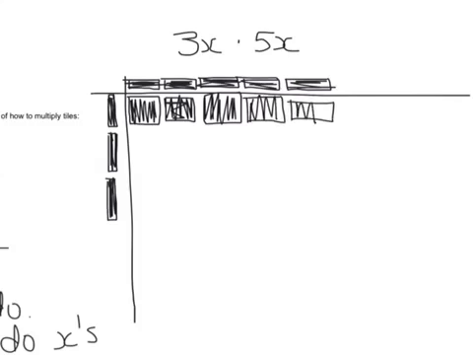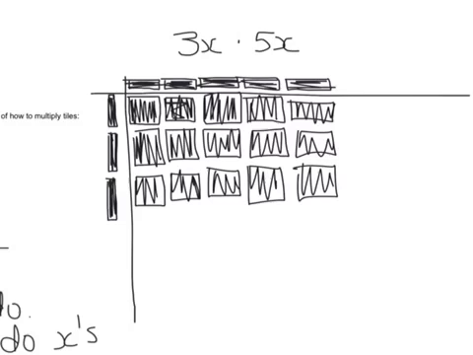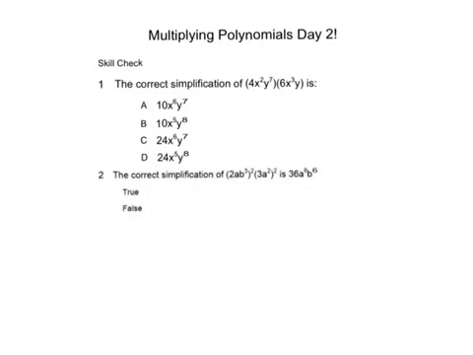You'll have to excuse my shading. I've gone ahead and shaded the rest of the x squared boxes, so now if I count in total, I have 15x squared, so that means that my answer is 15x squared.